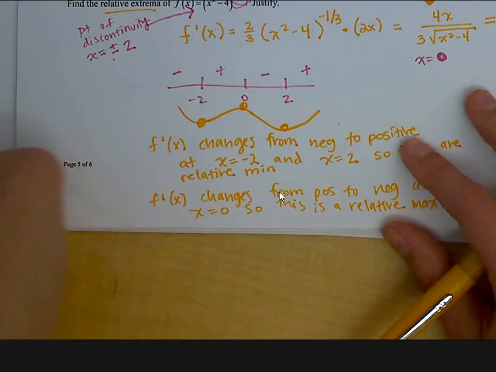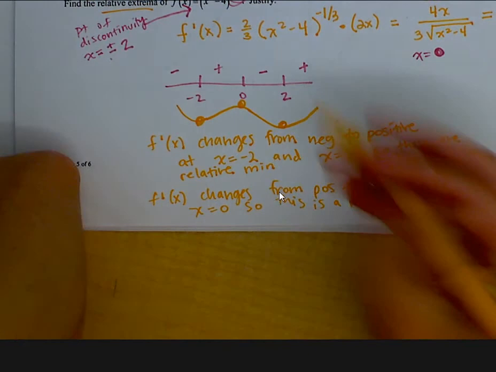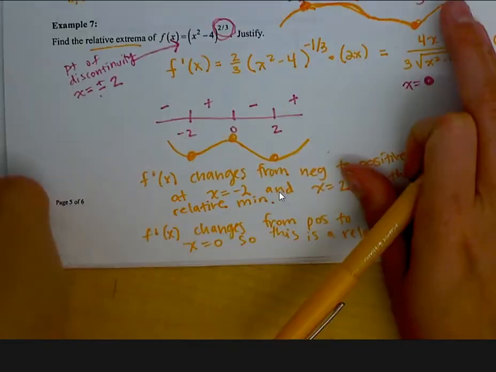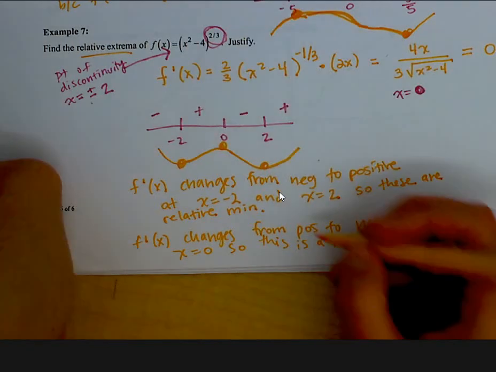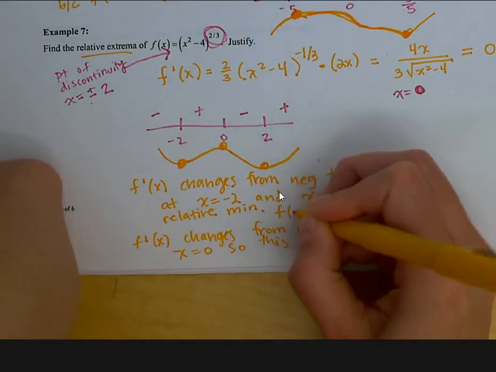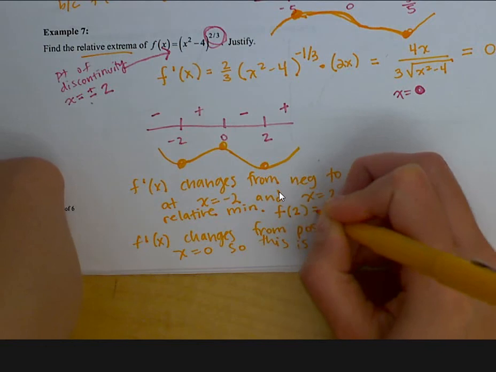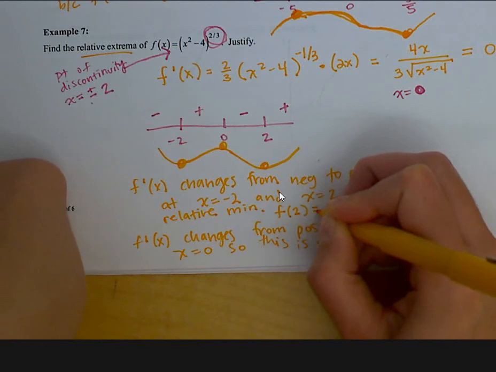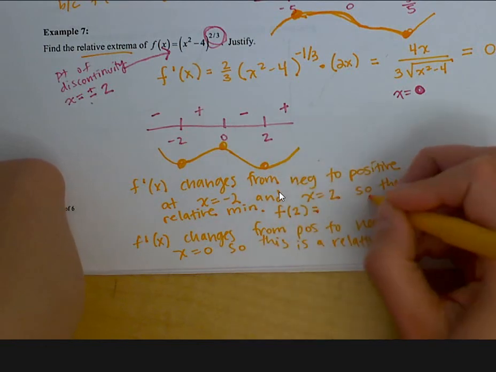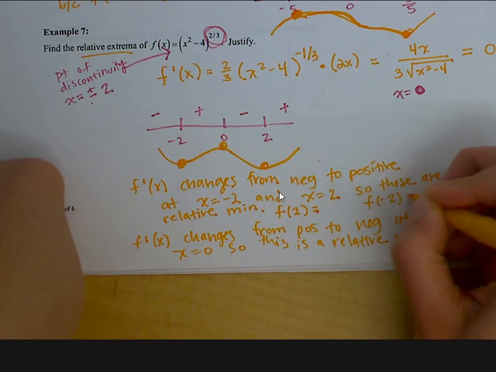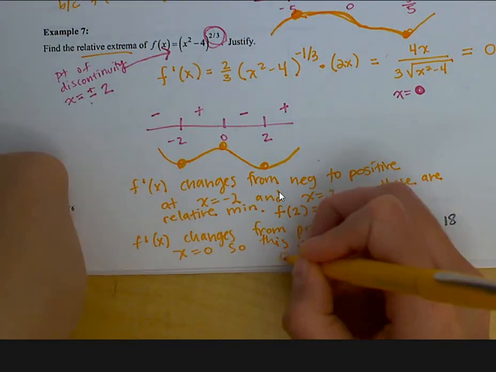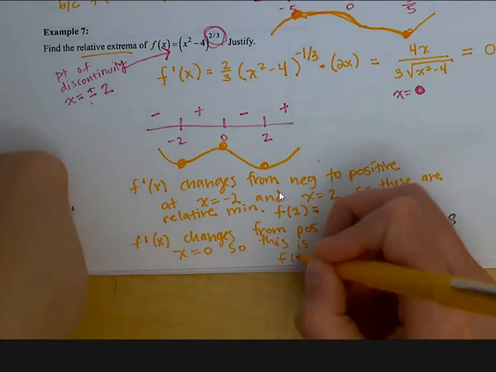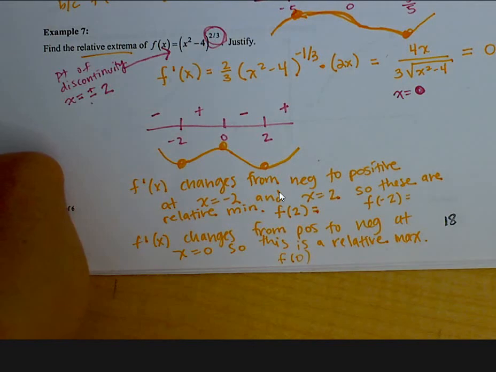So in order to figure out what the local or relative extreme values are, you could plug in: find f of 2 equals whatever that value is, and f of -2 equals whatever that value is, and then solve for f of 0, and that will give you that value.